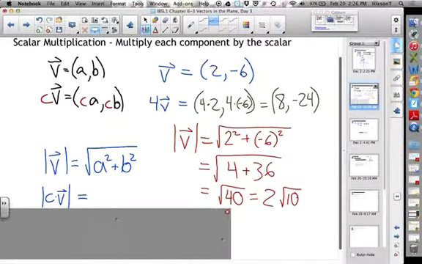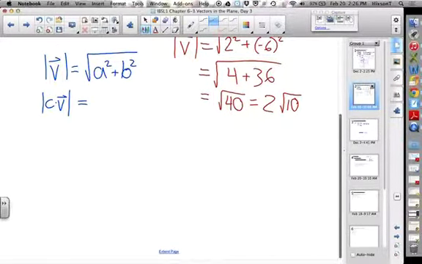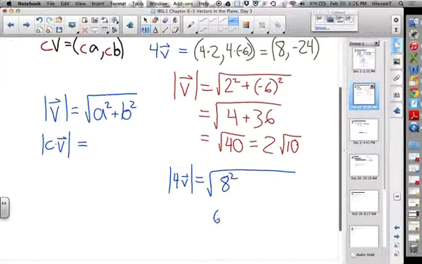Alright, so now we want to find the magnitude of (8, -24). We're finding the magnitude of 4 times vector v. So that's going to be the square root of 8 squared, which is 64, plus negative 24 squared, 576.